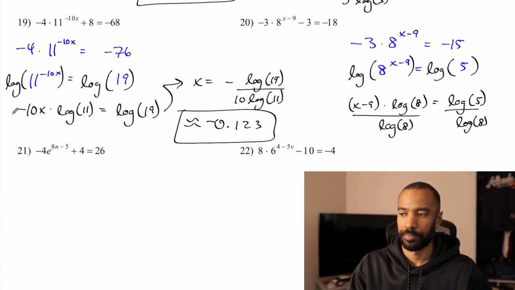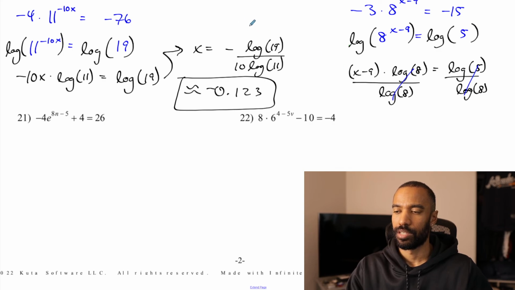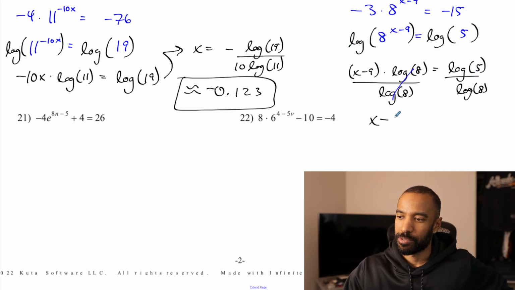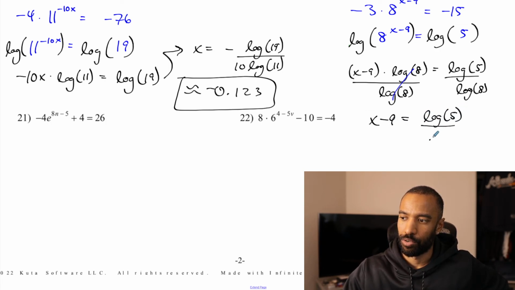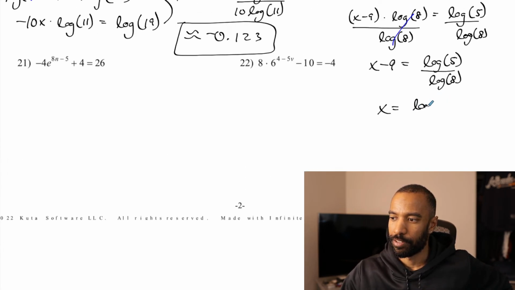And then I've got to add 9 to both sides. So we'll have x minus 9 equals log of 5 over log of 8. And then add 9, x is log of 5 over log of 8 plus 9.